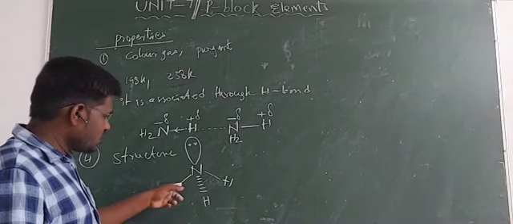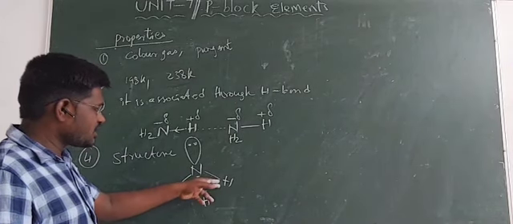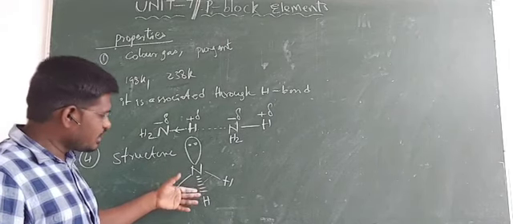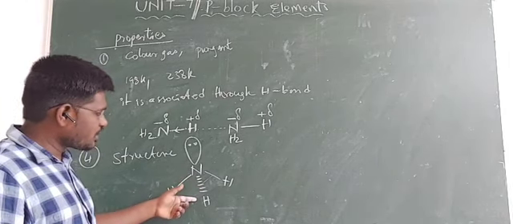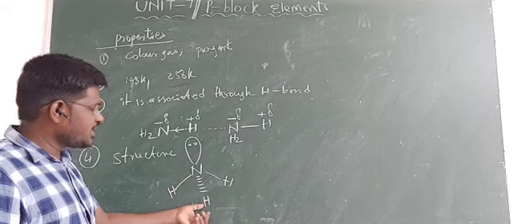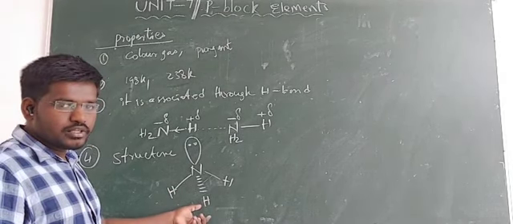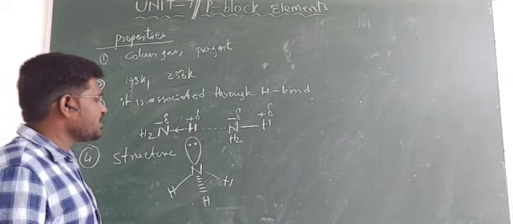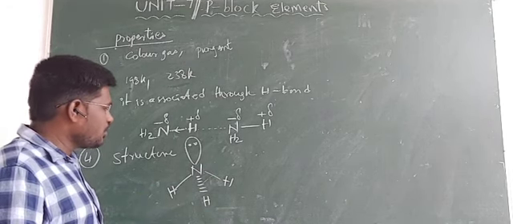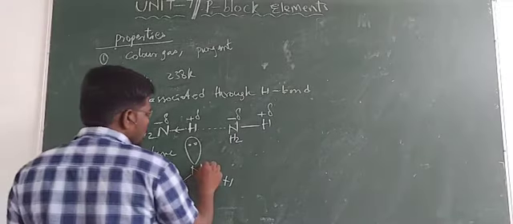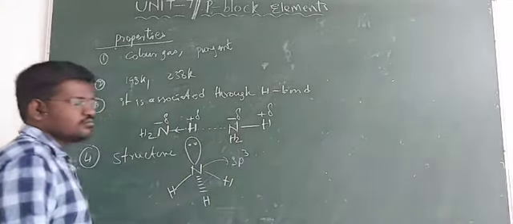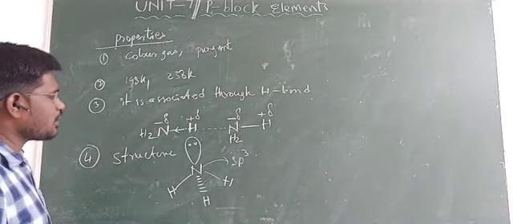Here you can see that 2 normal lines represent these atoms are present on the plane, and this is the broken line. Broken line represents this hydrogen is present below the plane. So you can say that this is a non-planar molecule. Ammonia is a non-planar molecule, and here nitrogen undergoes sp3 hybridization.